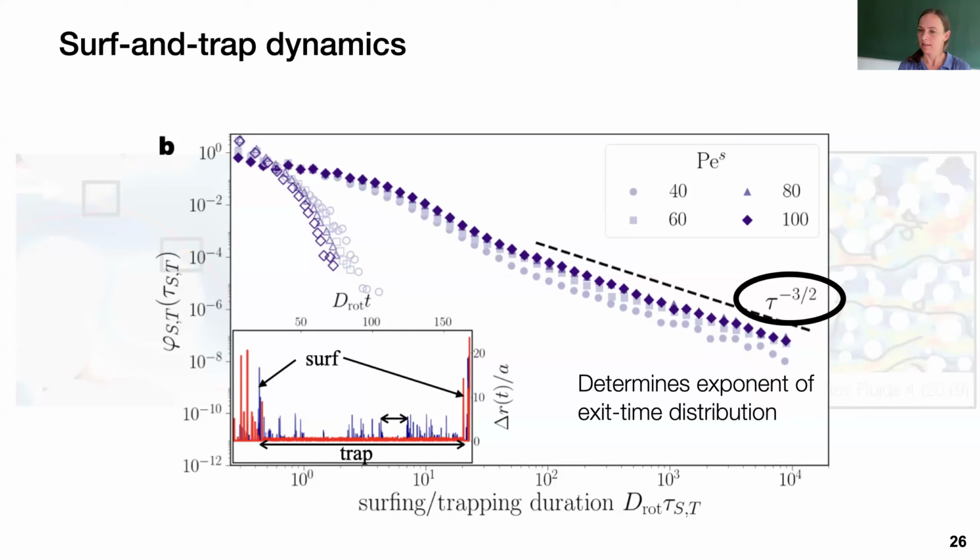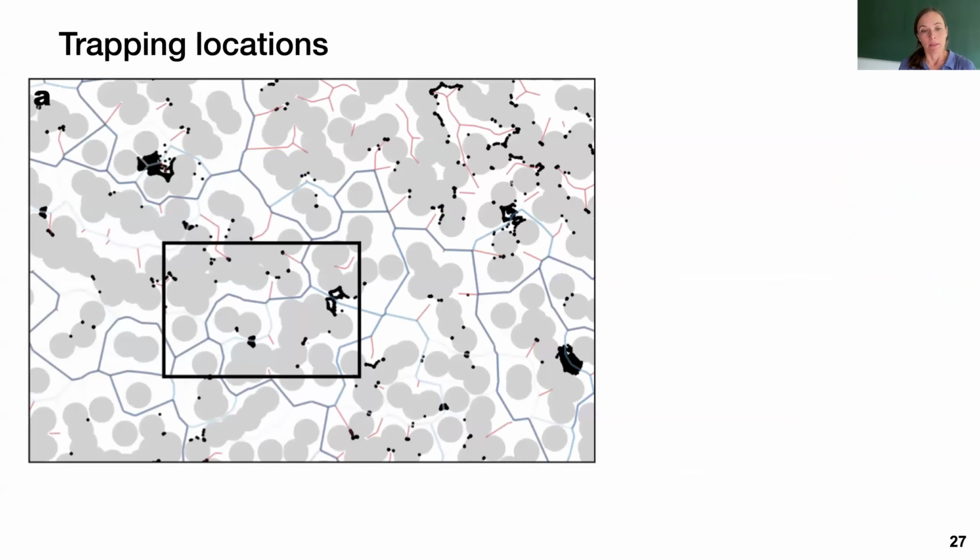Now the question that still remains is what leads to these trapping states. To do that, we first looked at where these particles actually get trapped. Here the dots correspond to positions of particles that are trapped in the pore space. What you see, first of all, are these black dots at boundaries.